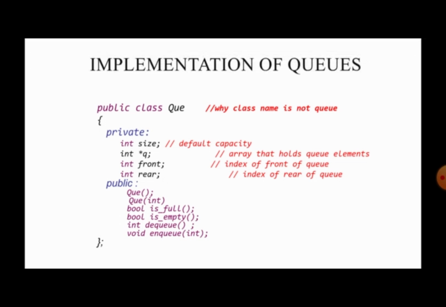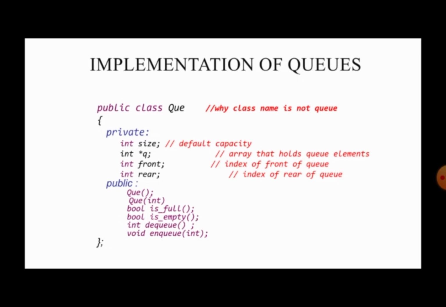For the overloaded constructor, we are passing an integer value for the size of the queue, so that a user, when he wants to create the queue object, may assign the size according to his requirement.